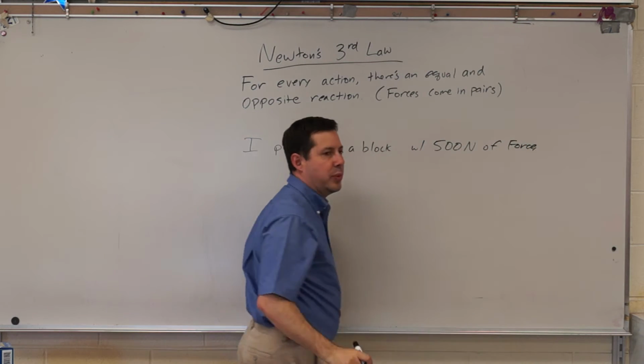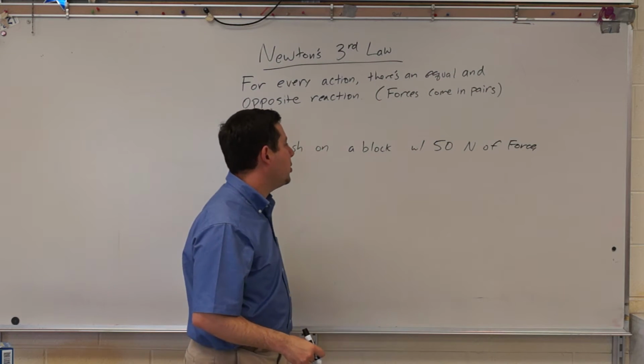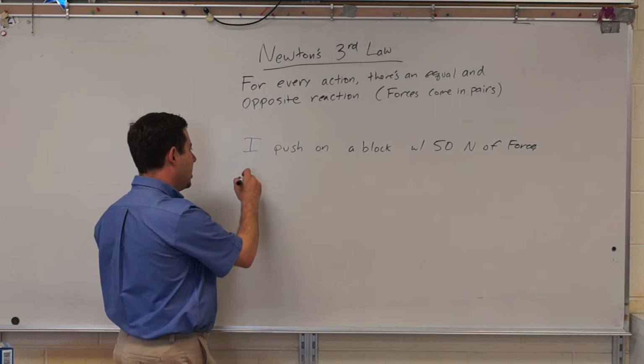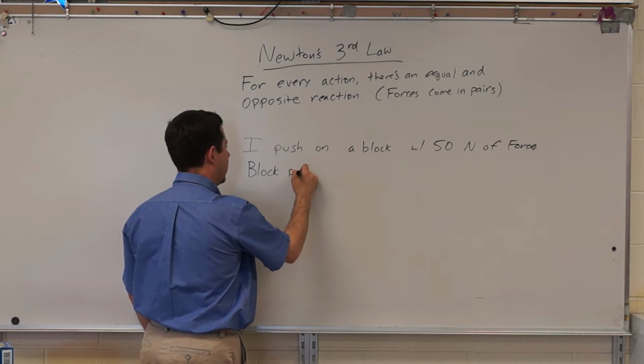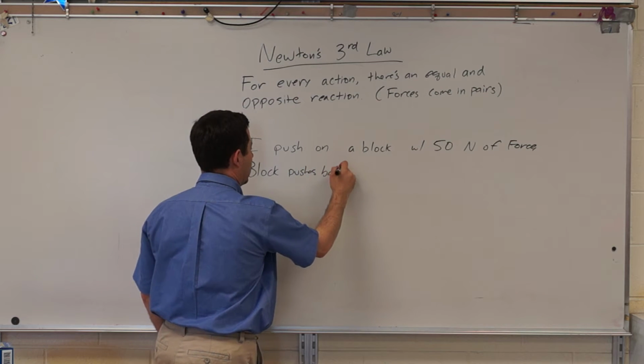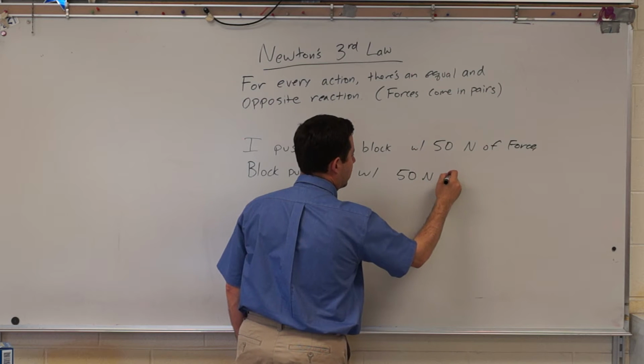That's a lot of force, by the way, but let's make it 50. So if I push on a block with 50 newtons of force, that means the block pushes back with 50 newtons of force.